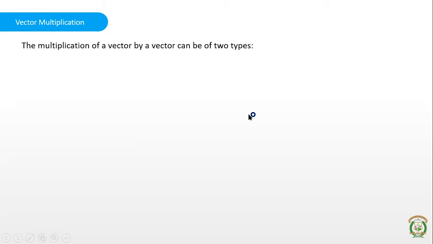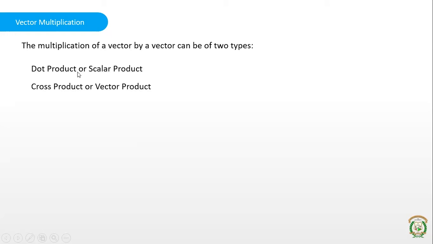But when you consider the multiplication of a vector by a vector, we have two types of products that we can obtain, depending on the result. If you obtain a scalar product, you call that the dot product, because the operator that we use for scalar product is the dot operator. The other one is where the product of two vectors is a vector.